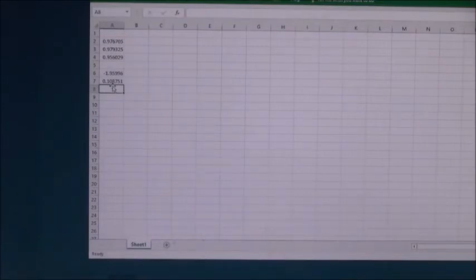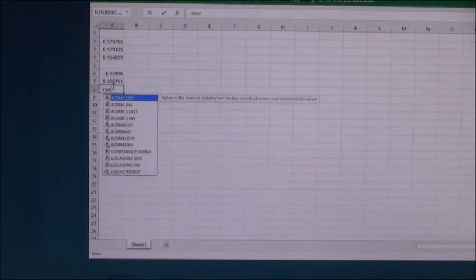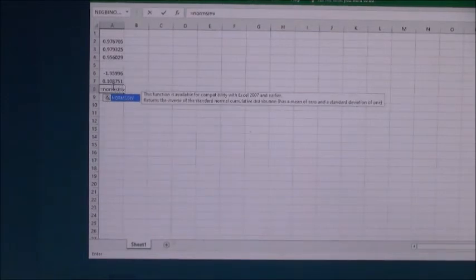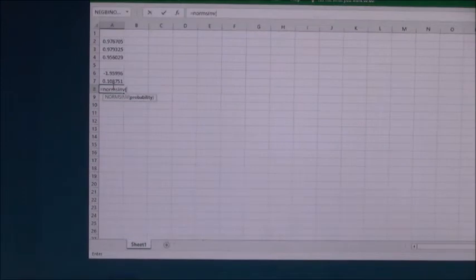So in here we're going to do equal NORMSINV, and we are going to use 0.99, close my parenthesis there, and if I enter, you can see that I get 2.326, so 2.33 would be the z-score that corresponds to the cumulative area, where the area in the middle is 0.98.